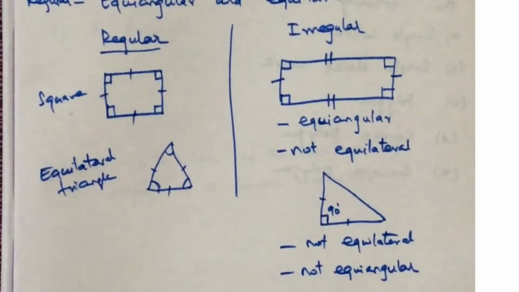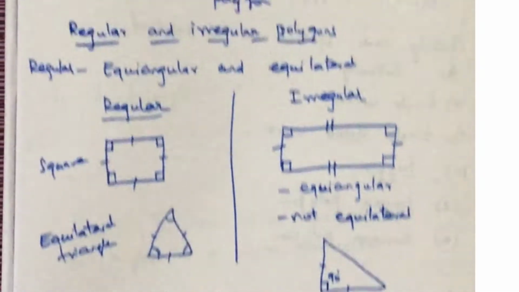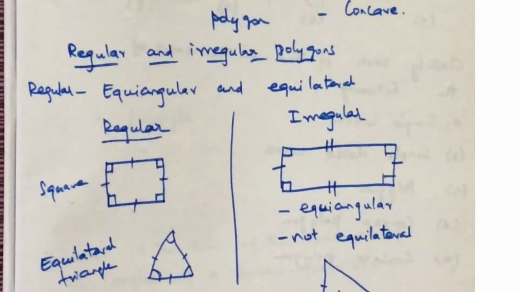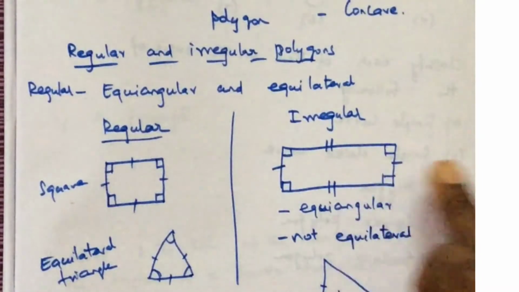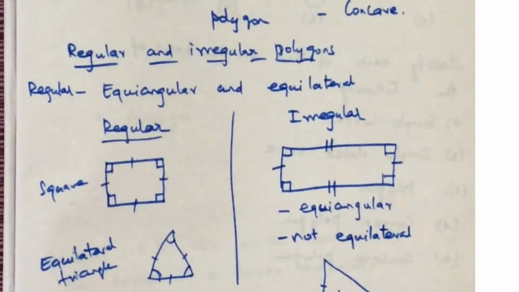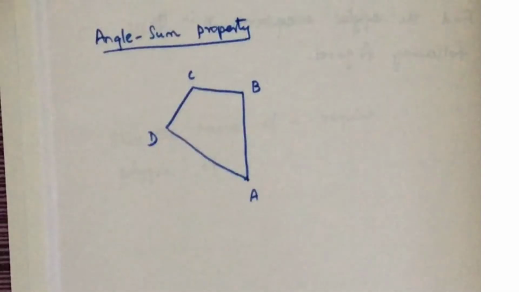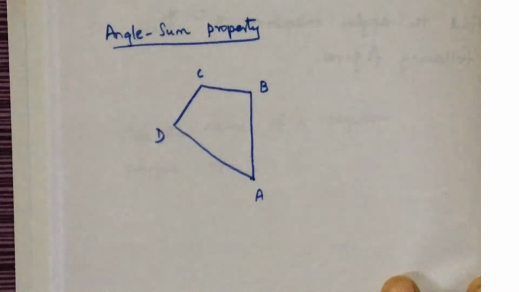So this is an irregular polygon. To be a regular polygon, it should satisfy both conditions. You should check the angles and also the sides. For a rectangle, the angles are the same, but since the sides are not the same, this is also an irregular polygon. Before proceeding to the exercise problem, you should know what is called the angle sum property.